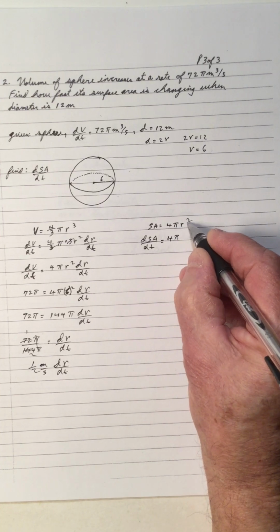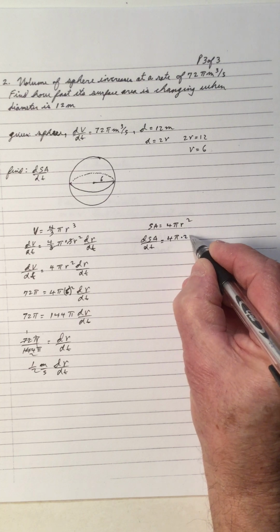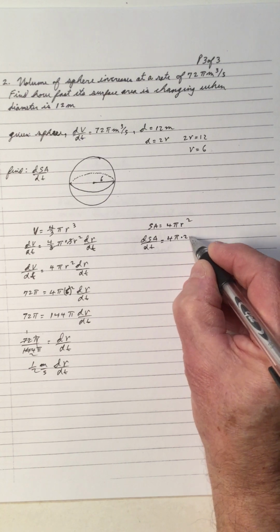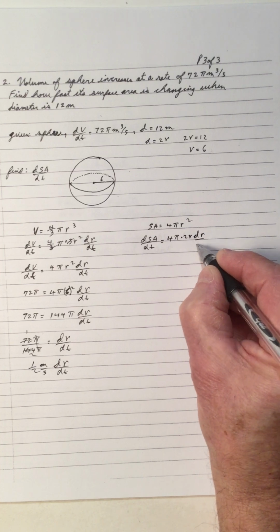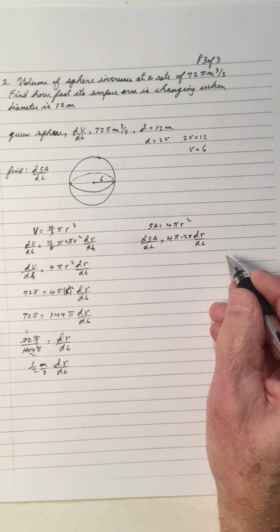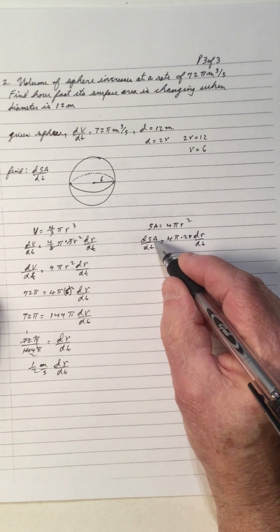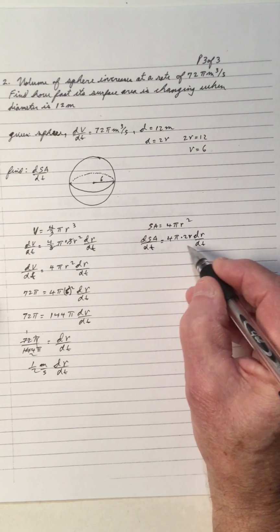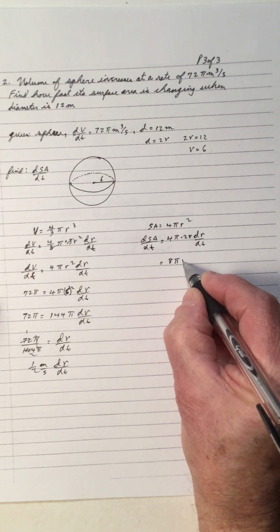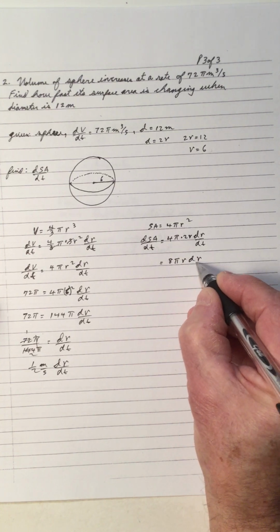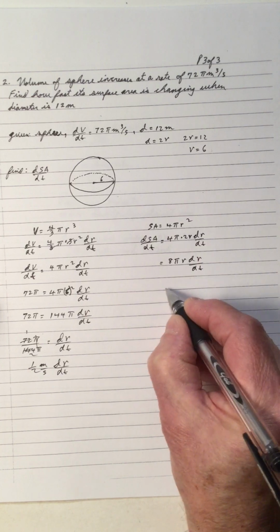The derivative of r squared is 2r, times dr/dt. So we're trying to find the surface area in terms of time, the rate. So this becomes 8 pi r dr/dt.